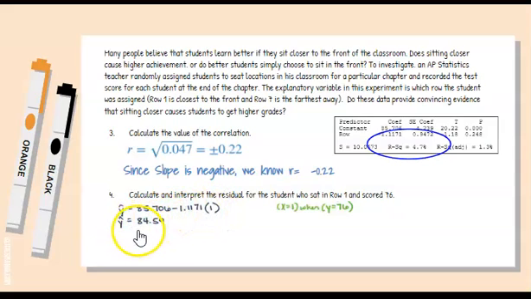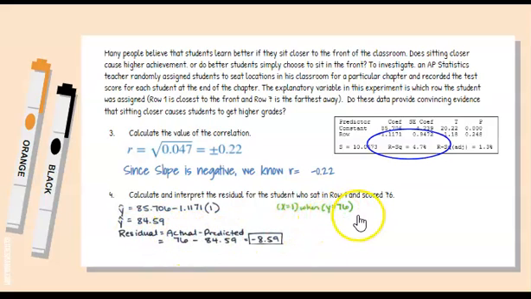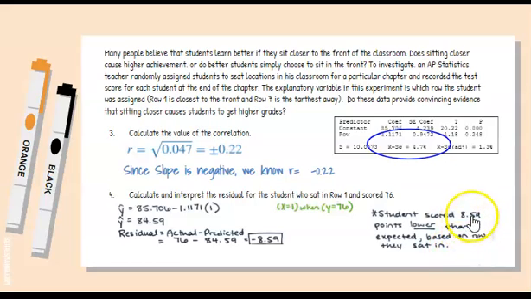When I solve it, this is the predicted score using the regression line. So actual minus predicted, I take the actual right here, subtract what I just calculated, and I find out it's negative 8.59. Now I've calculated, now I have to interpret. And I would say the student scored 8.59 points lower than expected based on the row they sat in. Okay, notice I don't say negative 8.59. The negative is understood when I say lower than expected.